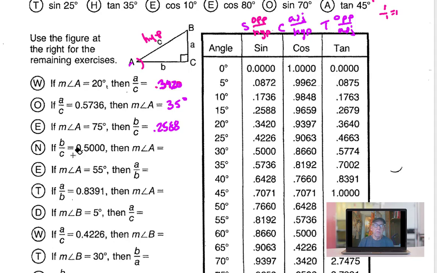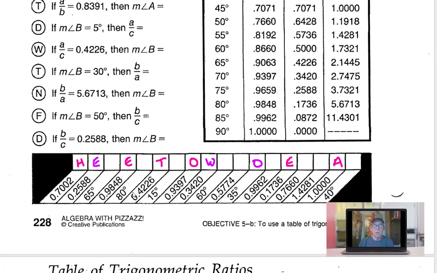So we're looking for the angle that goes with cosine being 5 thousandths, 5 ten-thousandths, I guess. And we have 30 degrees. So 30 degrees is the answer that goes with that one. So 30 degrees goes with an N. 30 degrees at the bottom.